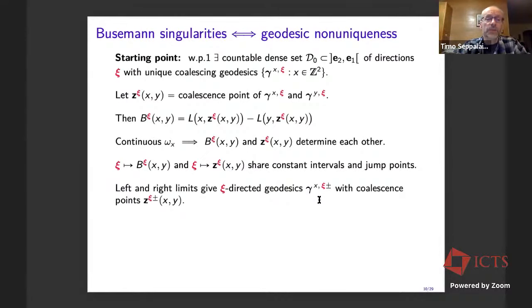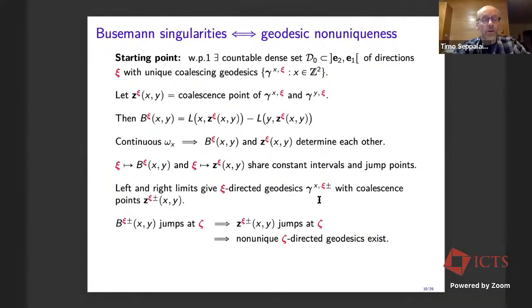And indeed, there will be jumps because we know that the B process jumps. I just gave you the explicit formula. When the B process jumps, because of this identity up here, the coalescence points must jump. And when the coalescence point jumps, at least from one of those two points, x or y, there has to be a non-unique geodesic.